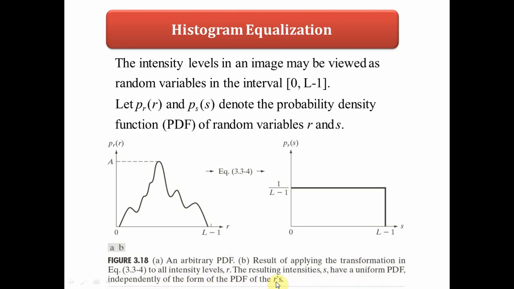Okay, so the aim is to make the histogram uniformly distributed over the range of 0 to L minus 1. That is the probability density function. That is the area, that is the density of the histogram. This is also the density of a histogram. That is the area that you cover.